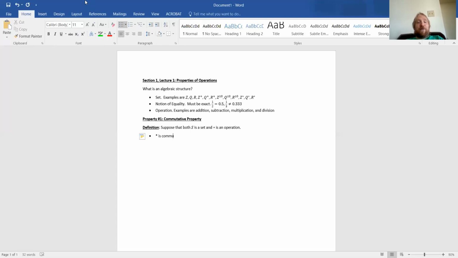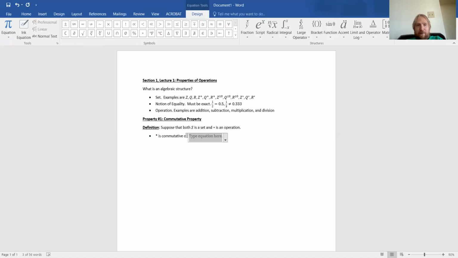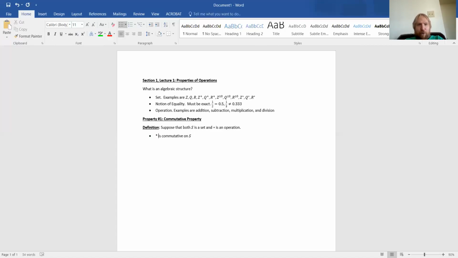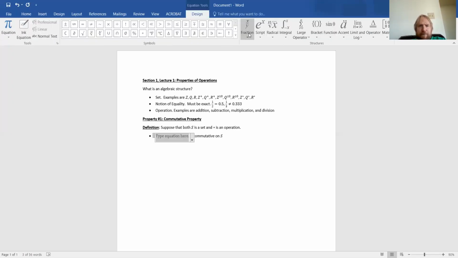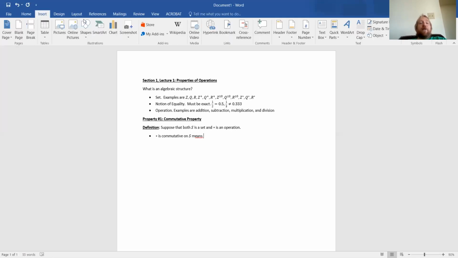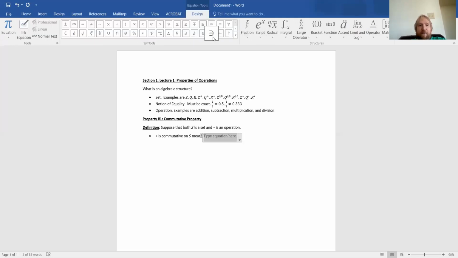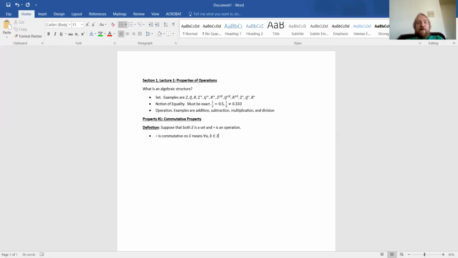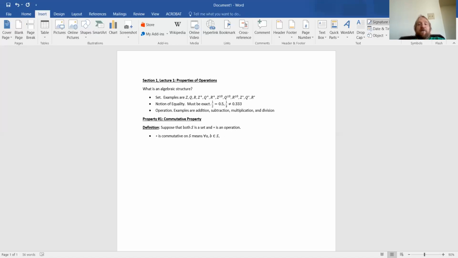So star is commutative on S means for every pair of elements A and B in S, A star B equals B star A.